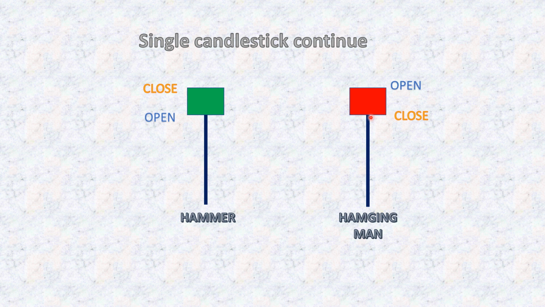So this candle is seen at the top of an upward trend, and in order to know which direction the trend will go, we need the confirmation candle. If the next candle is bearish, the red one, then the trend will definitely go downward.